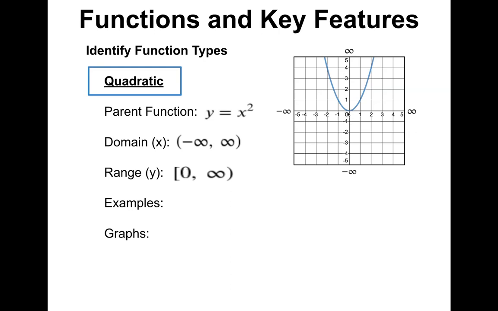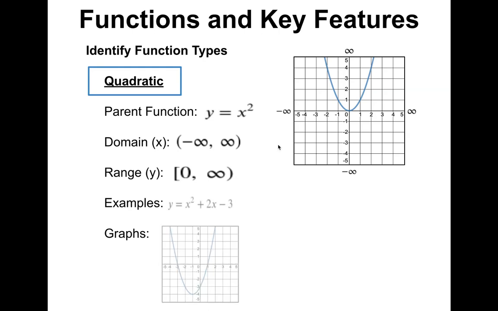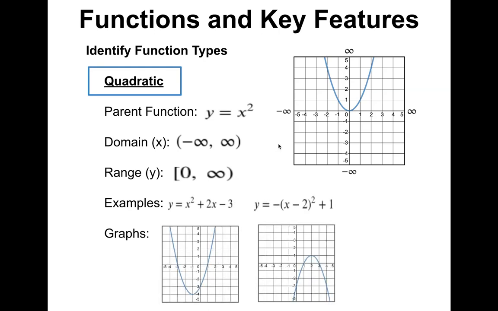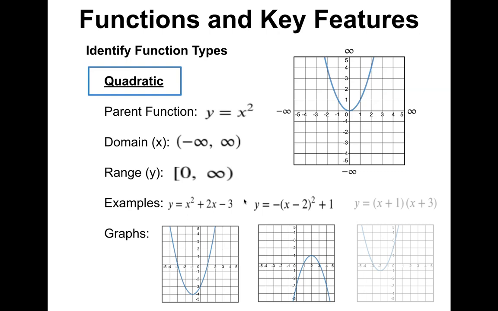Now, if it didn't touch 0, we would use a parenthesis. But the bracket means it is touching 0, that is our lowest y value, and it's going off into infinity on the y-axis.